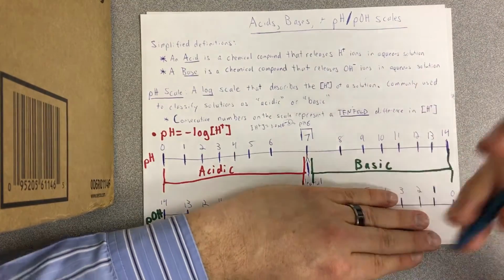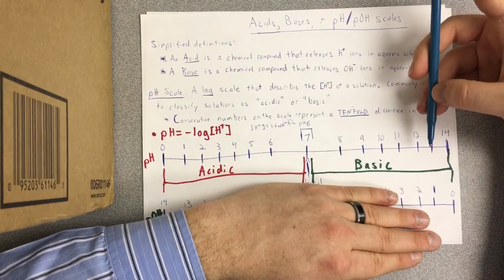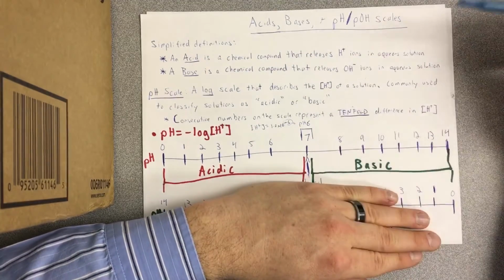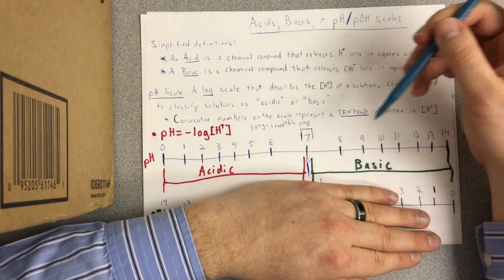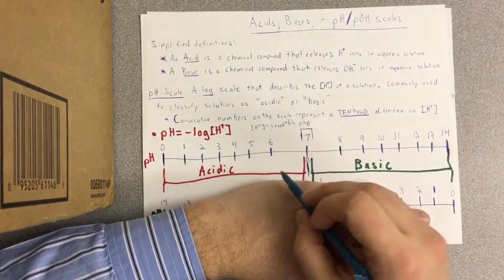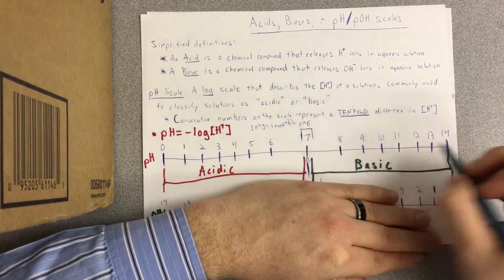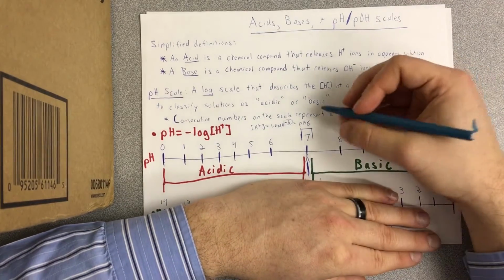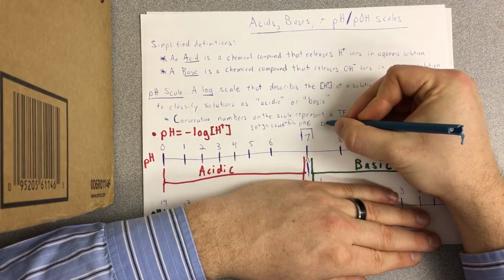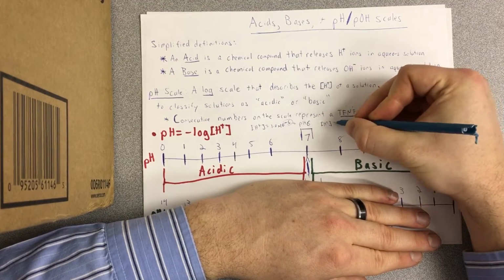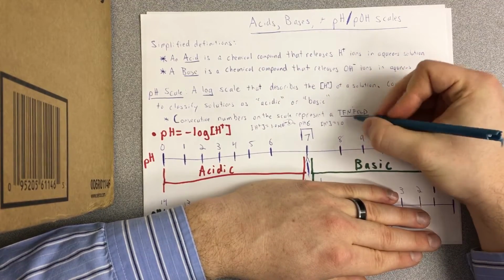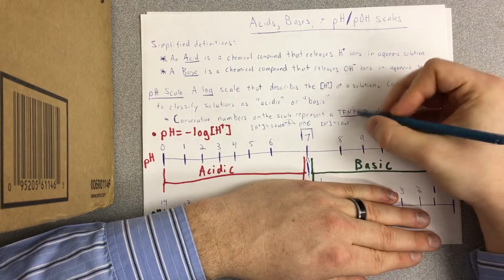So this answers probably a long-standing question that many of you had, which is, okay, well, if the pH is a scale of acidity, why are the lower numbers more acidic than the higher numbers? And that's because as you get a higher concentration of H+, you're going to become more acidic.